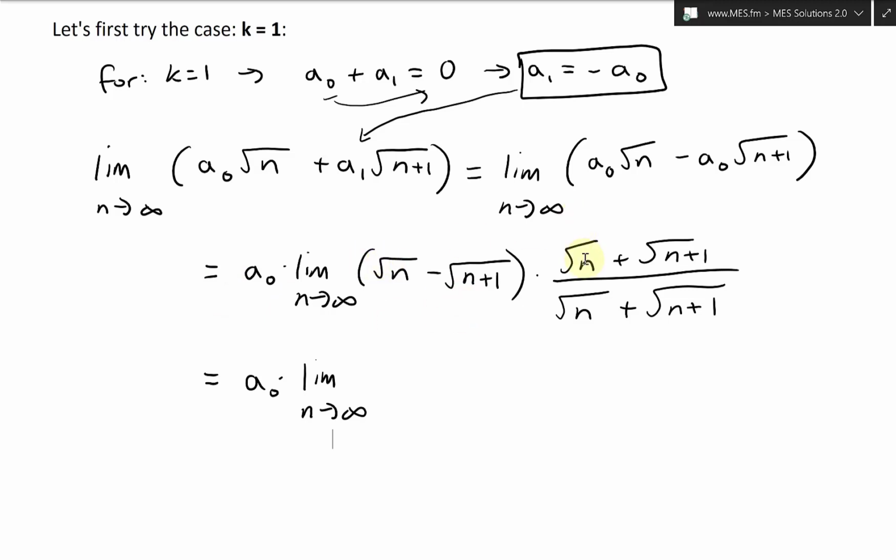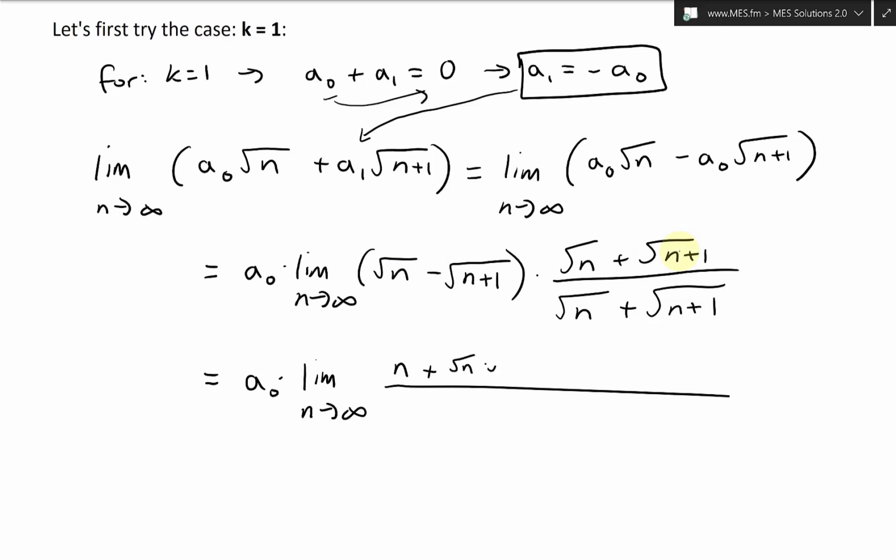And now we have n times square root n times square root n is equal to, let's put a giant line like this. This just equals n. And then we have square root n times square root n plus 1. So plus, again, square root n times square root n plus 1.